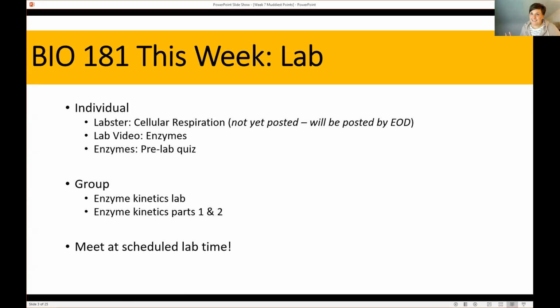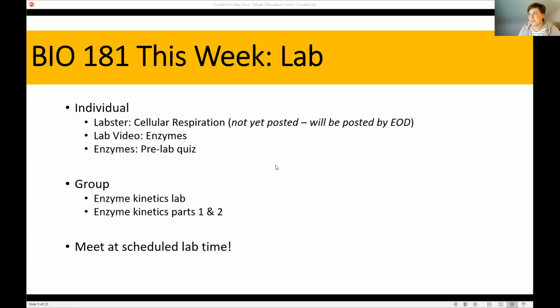The reason we're putting a lot of supplemental stuff in with cellular respiration is very similarly to how cell communication was. Cellular respiration tends to be one of the sort of tough spots in Bio 181. And we just want to make sure that you have enough supplemental information to truly master this concept.